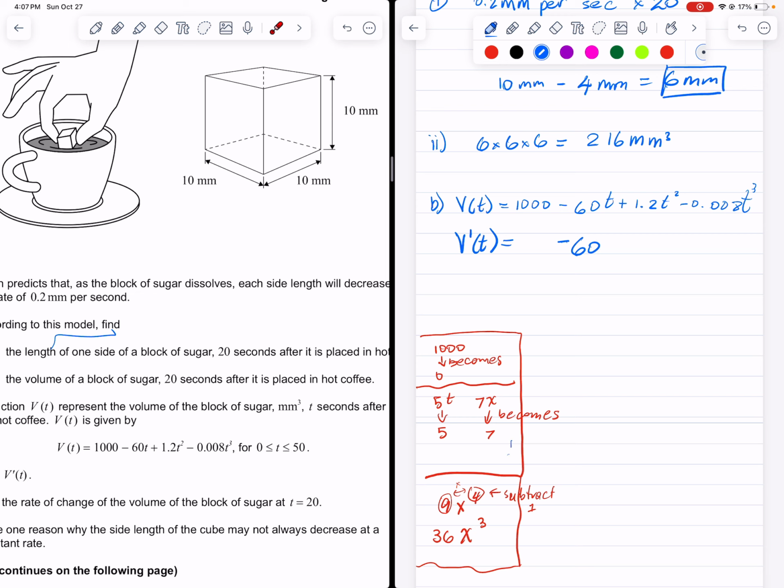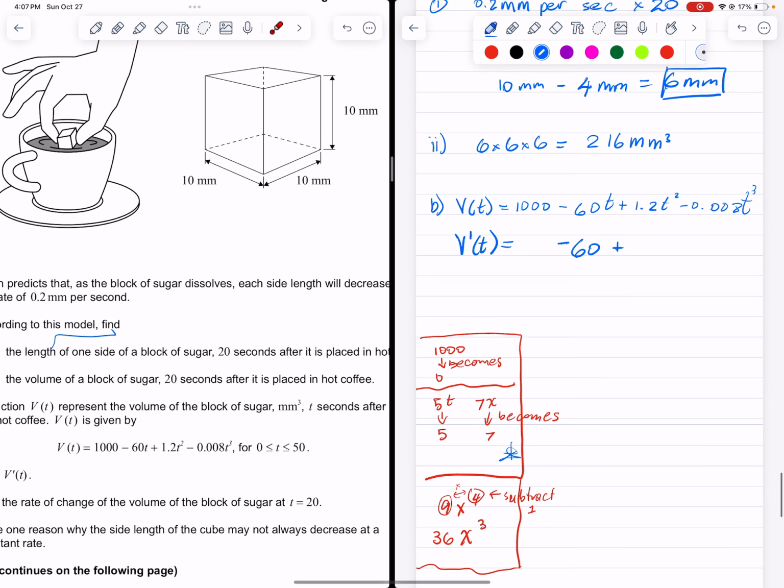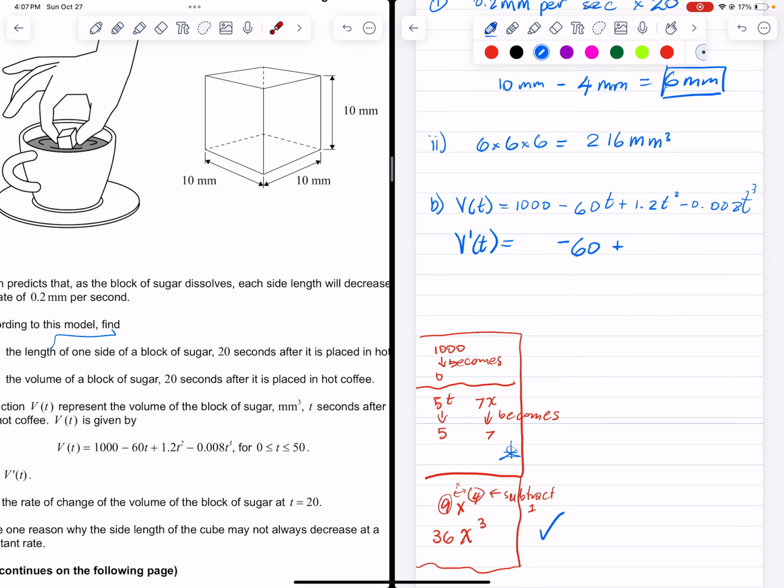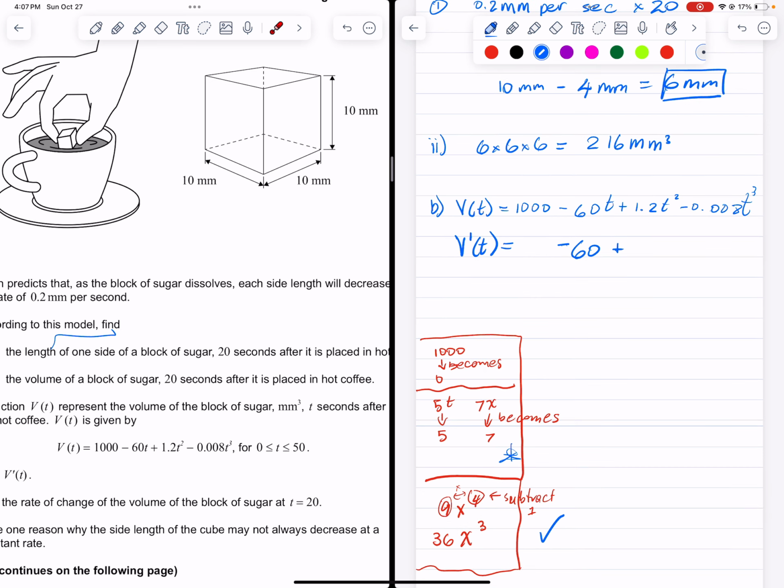And now for the last 2 terms, we multiply the exponent by the coefficient to get the new coefficient. So 1.2 times 2 to get 2.4. Then you subtract 1 from the exponent and get an exponent of 1, which we don't have to write because t to the 1 is just t.